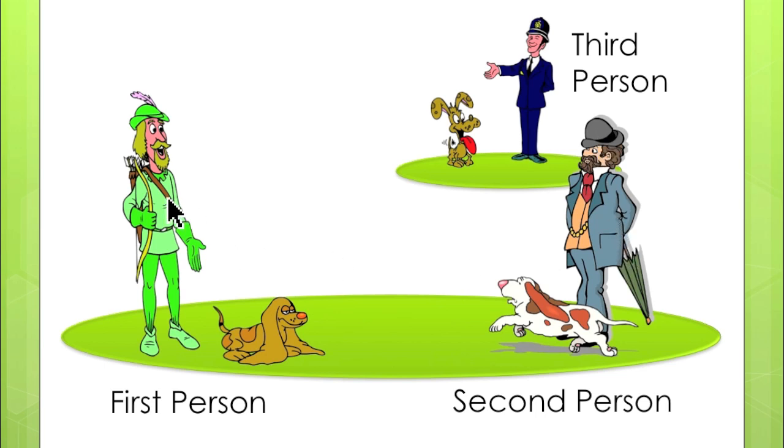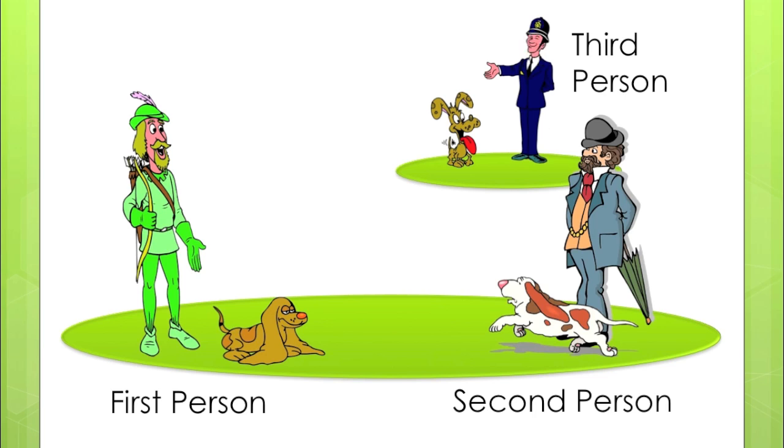From Robin Hood's perspective, Robin Hood is the first person, I. The man in the bowler with the umbrella is the second person, you. And the English bobby up here is the third person.